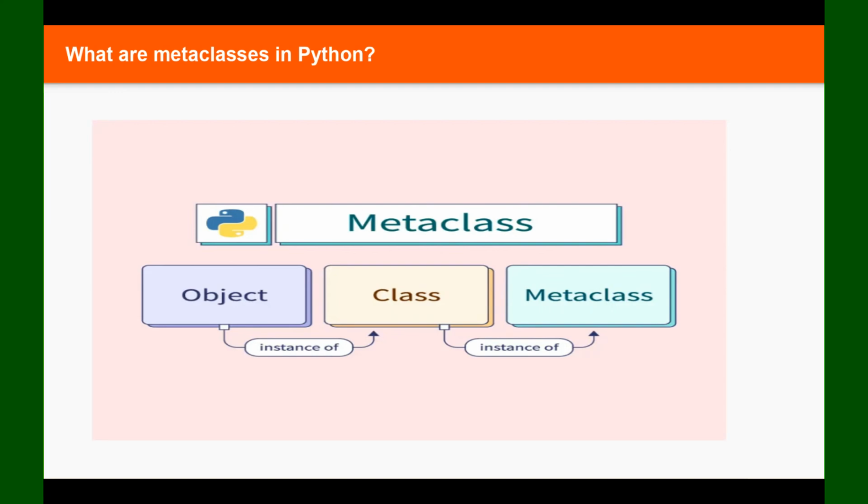Just as classes define how objects behave, metaclasses define how classes themselves are constructed. When you create a class in Python, it is itself an instance of a metaclass. By default, all classes are instances of the built-in type metaclass.